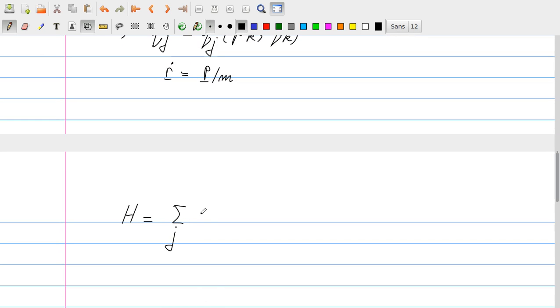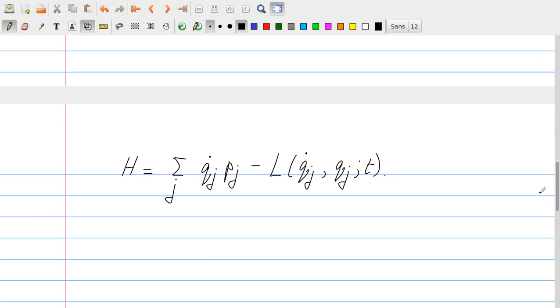It's the sum over j, then we have the Qj dot Pj minus L, which, as we know, depends on the Qj dot and the Qj, and perhaps explicitly on time, if there is an external influence on the system. And now we would like to write this as a function of the Pj and the Qj.